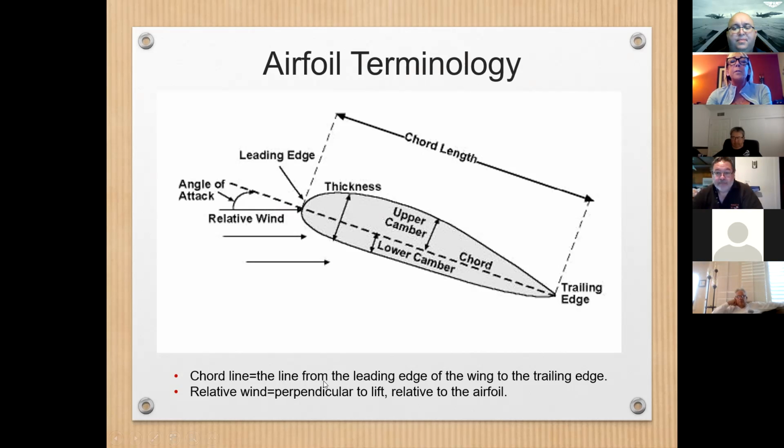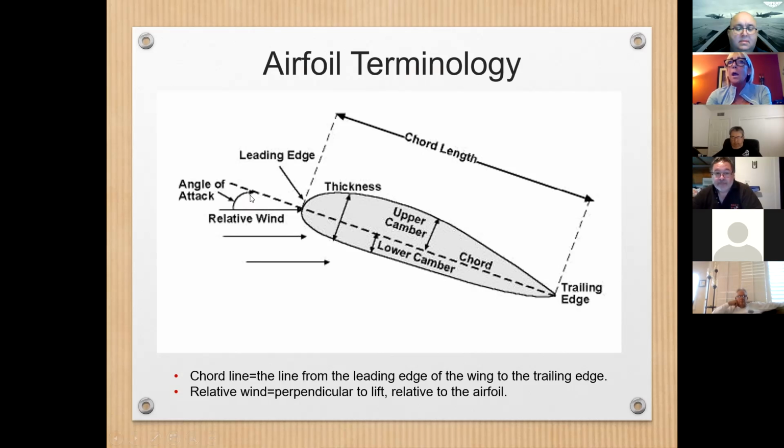So I've got some definitions down here. The relative wind is the wind just coming across the ground. It just goes right along the ground all the way up. And here we've tilted the wing up. And so we have what's called an angle of attack.